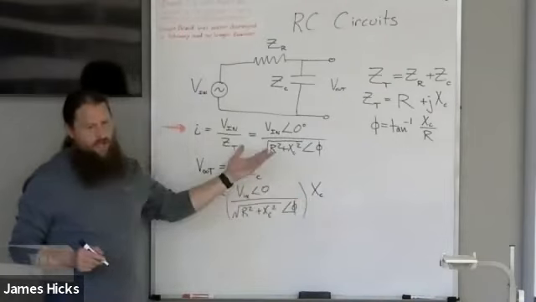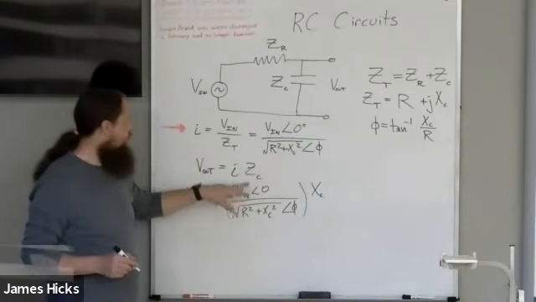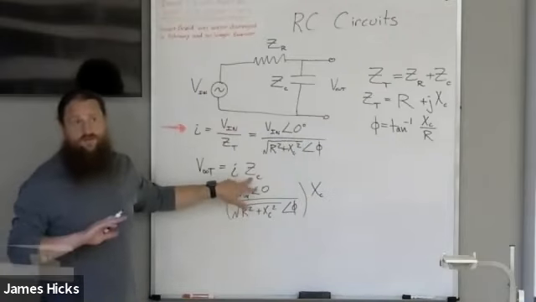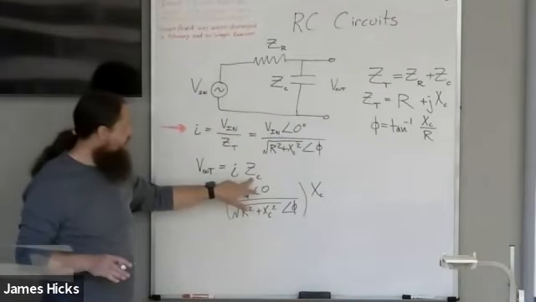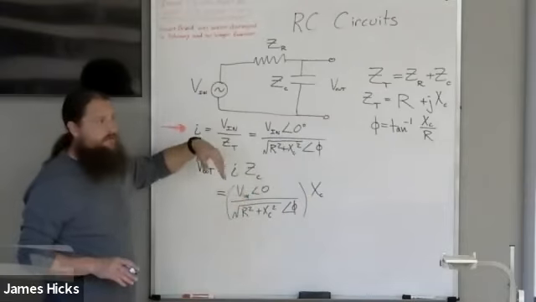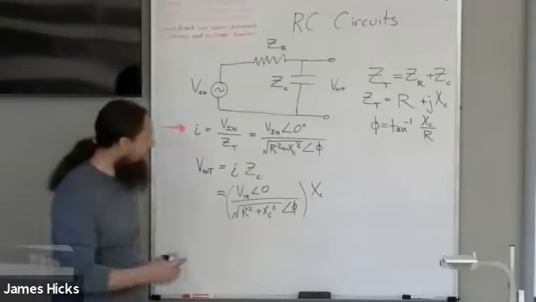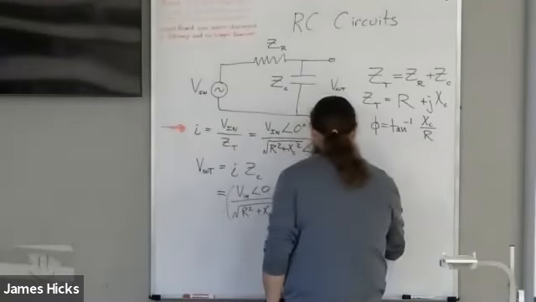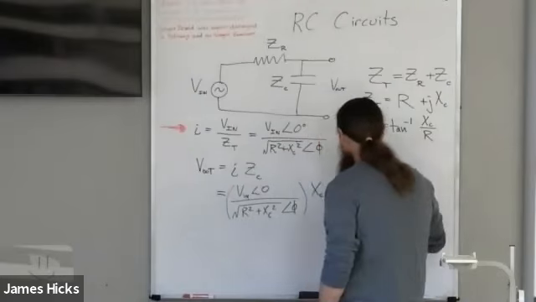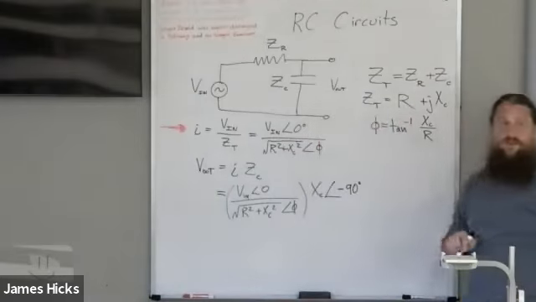Now we have to figure out how to take into account the fact that this impedance here is purely capacitive, so it's 100% imaginary. That means it's completely along the vertical complex axis. So that phase angle is negative 90 degrees.